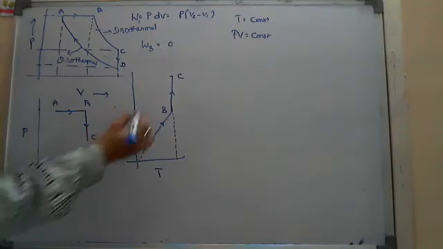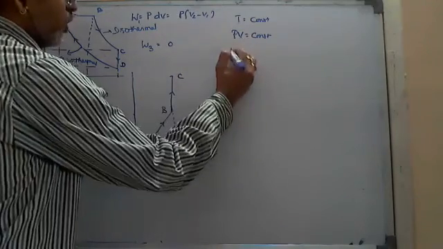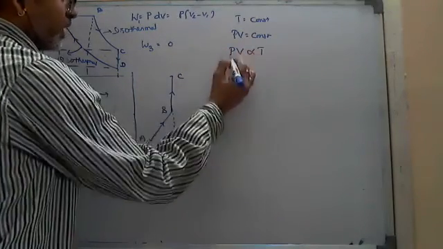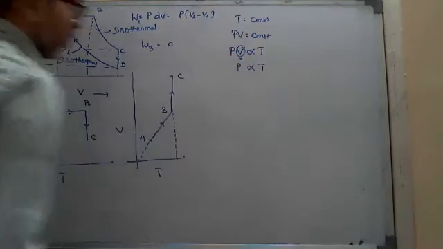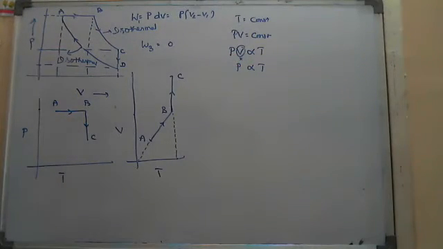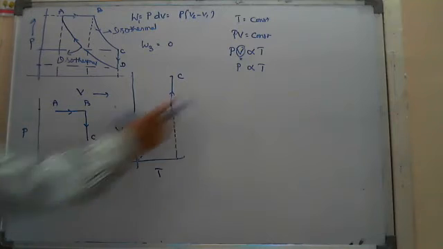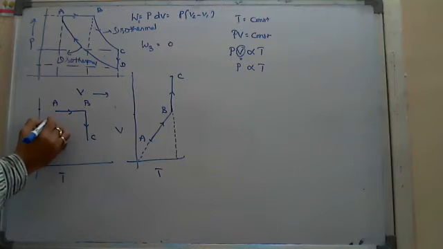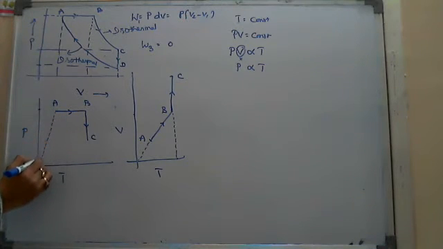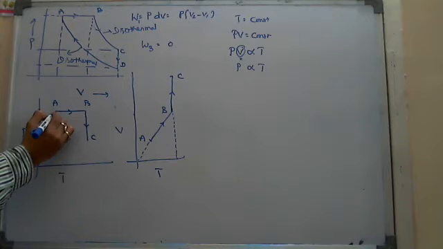At constant volume, P is directly proportional to T. And P directly proportional to T means in this graph I should get a straight line. Pressure decreases, so it should be a straight line like this, and pressure decreases like this.